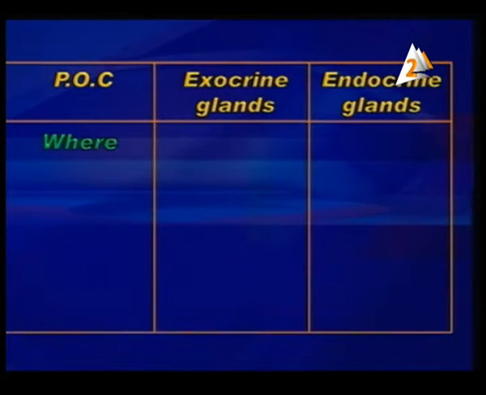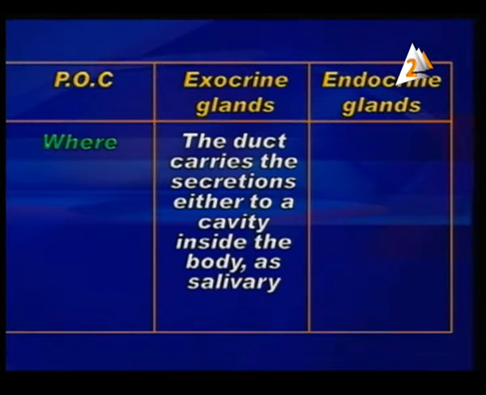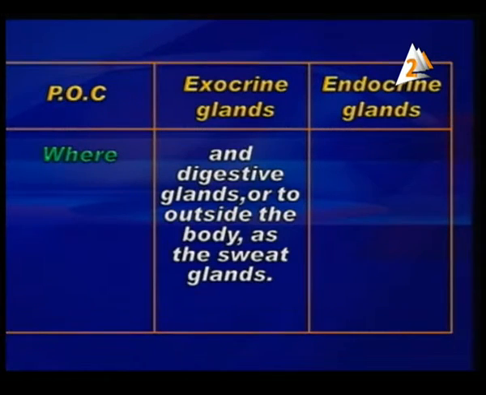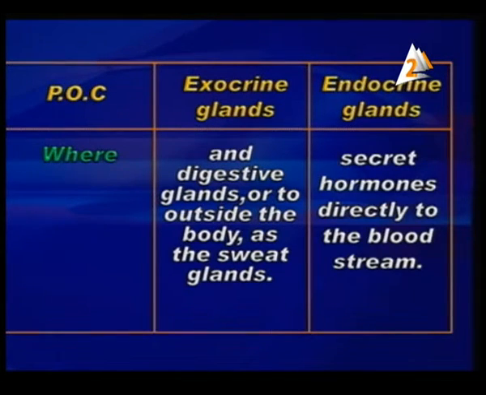Where the exocrine glands secrete their secretion, the duct carries the secretion either to a cavity inside the body, as the salivary glands and the digestive glands, or to outside the body, as the sweat glands.